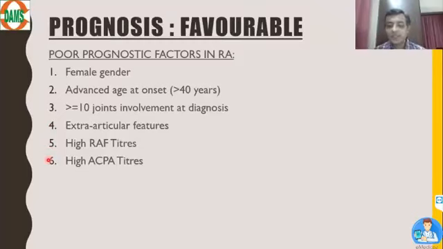We discussed yesterday. Both the antibodies are prognostic. Higher the antibody titer, more is the risk of erosion, more is the risk of deformity. That's what we want to know.